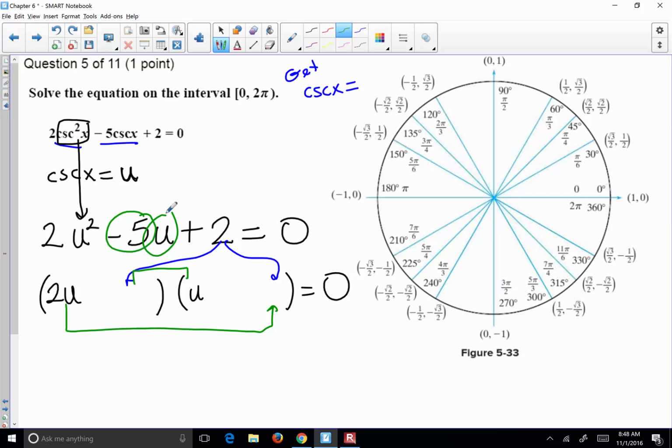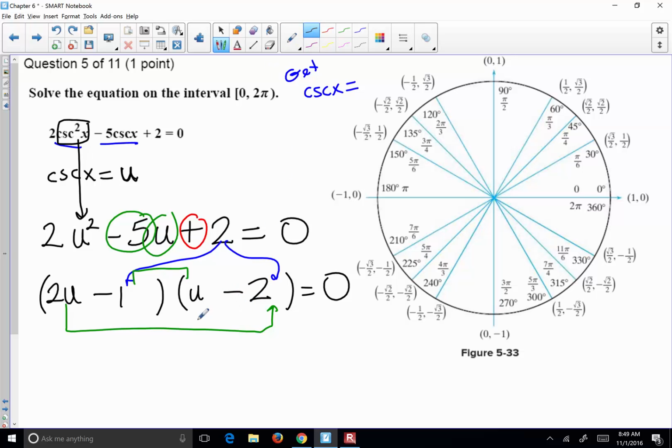So how does 2 separate here? 2u minus 1, u plus 2, minus 2. It can't be plus 2. It should be minus 2 because when you multiply these two numbers, minus 1 and minus 2, they need to make positive 2. So my initial value, positive 2, was incorrect, so we fixed it.